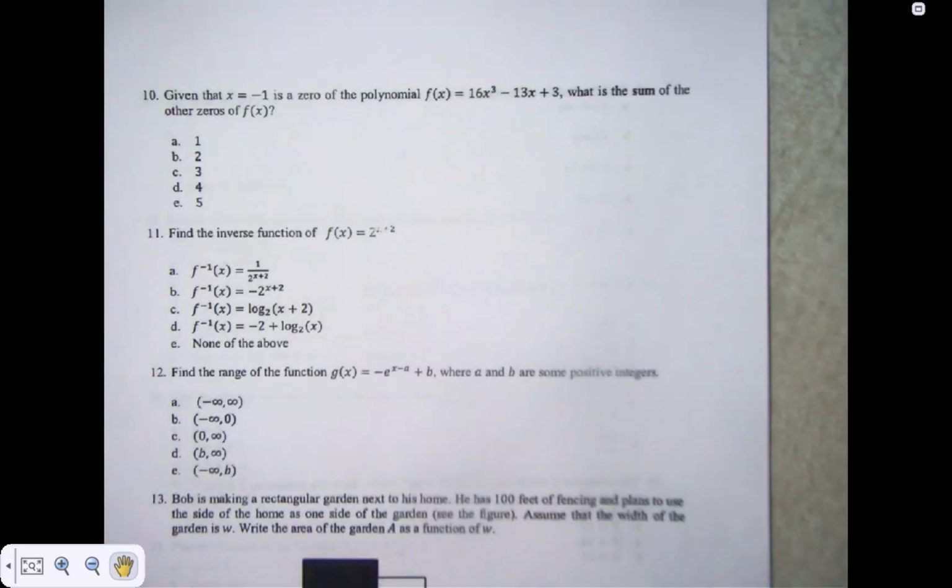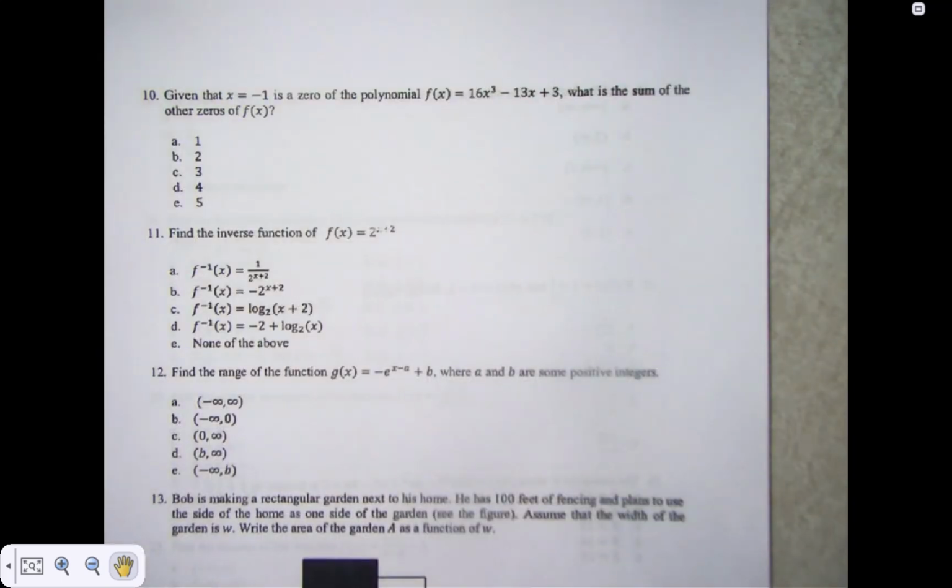10 is probably where I'll stop because I might do a couple more. Given that x equals negative 1 is a zero of this polynomial, what is the sum of the other zeros? So we'll do good old synthetic division, reduce it down to a quadratic. Maybe it'll factor.